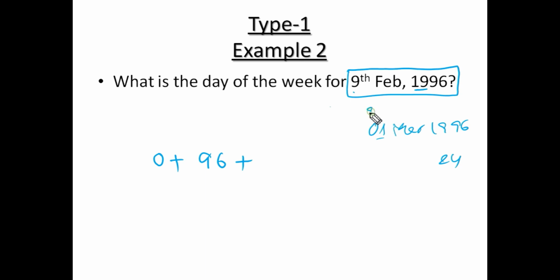So if it is Feb 29, no, sir, we should not consider it as a leap year because Feb 29th is not completed yet, right? So after Feb 29th, we have to consider it as a leap year. Otherwise, it is not a leap year. Simply remember, if it is not a leap year, simply divide by 4 and take the quotient. If it is a leap year, see the date.